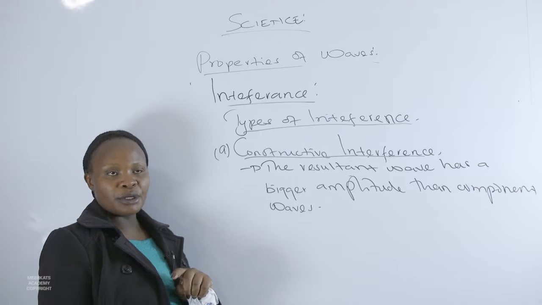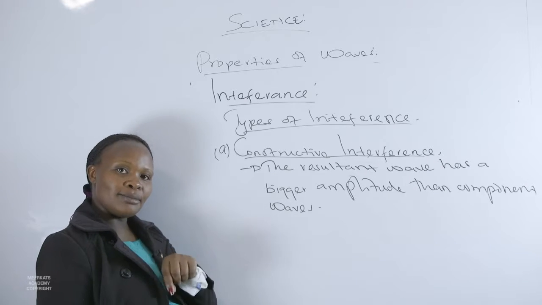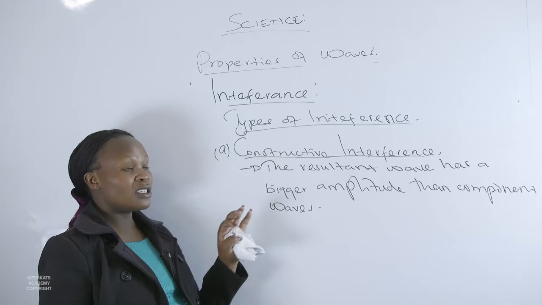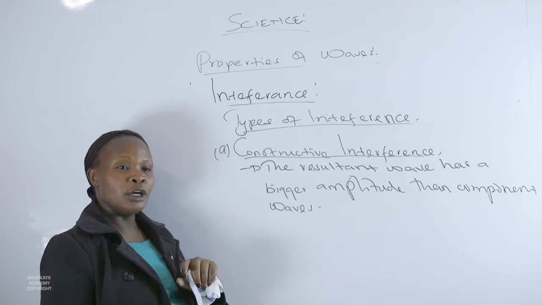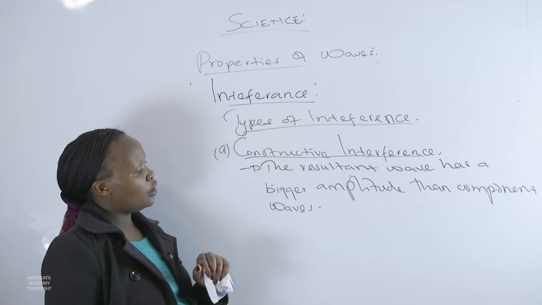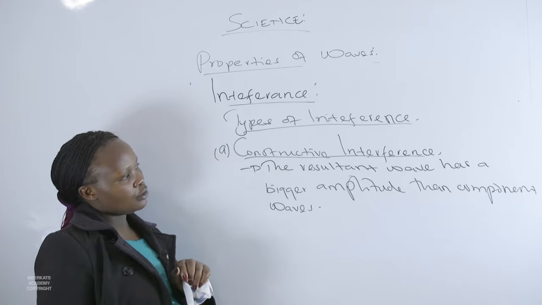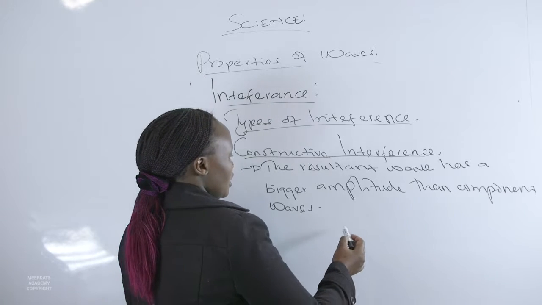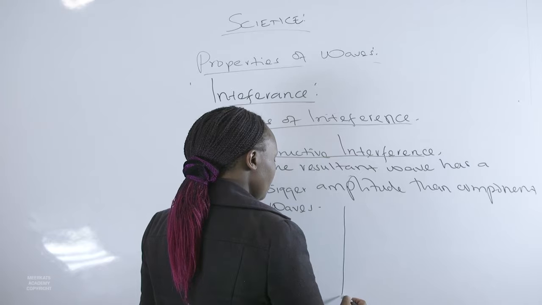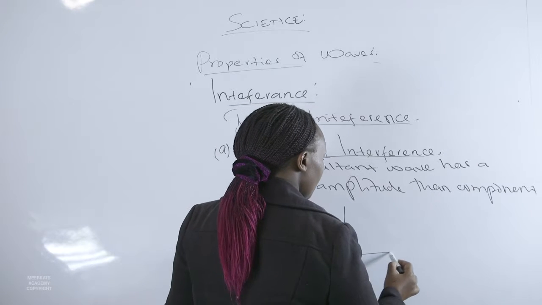Now, this is what we mean. We said that the amplitude of the resultant wave is actually a vector sum of the individual amplitudes. Therefore, let us take an example of two waves.